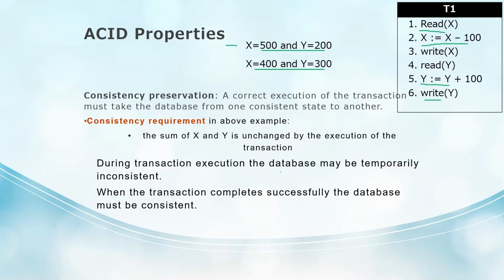But if it fails after step 3 and before step 6, then it is going to be in an inconsistent state, and in that scenario the value of X is going to be 400 and Y is going to be 200, because we have not yet updated the value of Y. So it is an inconsistent state if any failure occurs between steps 3 and 6. During transaction execution, the database may be temporarily inconsistent. When the transaction completes successfully, the database must be consistent. That is the consistency property of ACID.